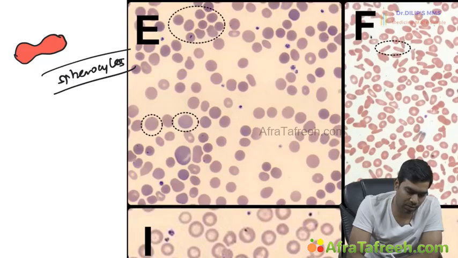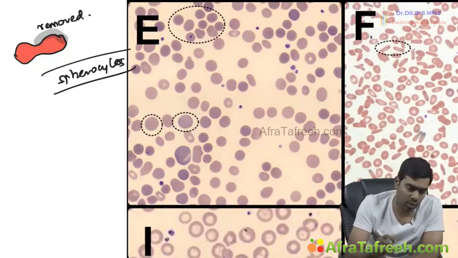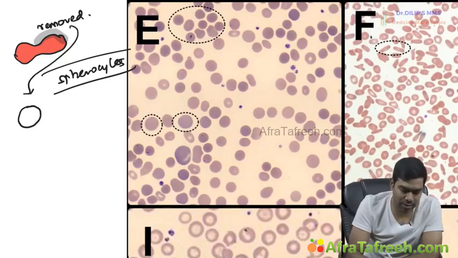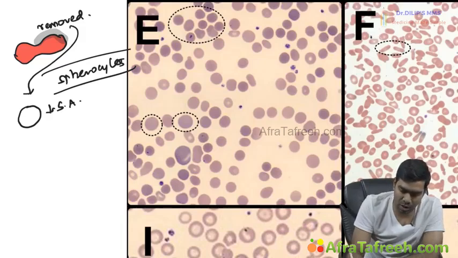Let us assume this area of the membrane is removed. What will happen? Whenever this part of the membrane is removed, the RBC has to adapt to a low surface area, which means this RBC will have a low surface area, but they might have a completely normal volume.